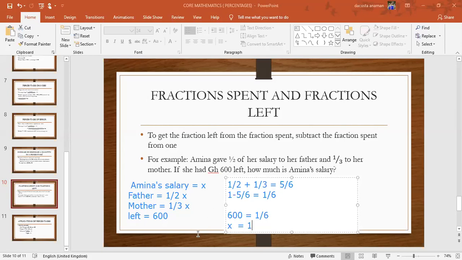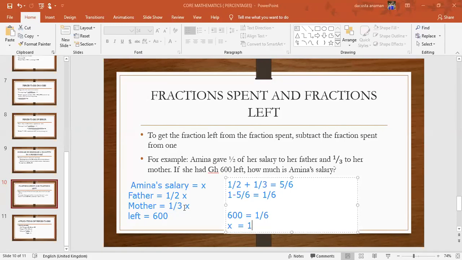Therefore, how much were you having in total before you started distributing?